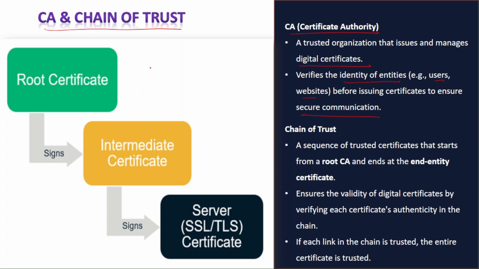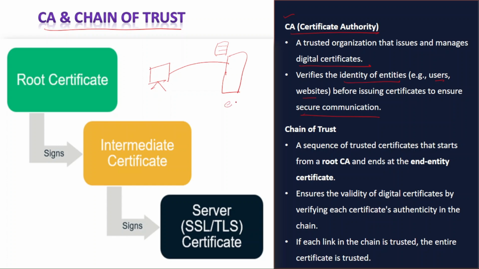So for secure communication, let's suppose you have a browser inside your laptop and there is a server. Before communication, this web server has a certificate, and this certificate is issued by the CA. So how is this certificate issued? The main job of the CA is that first it verifies the identity of this domain or this website, that it is actually true.